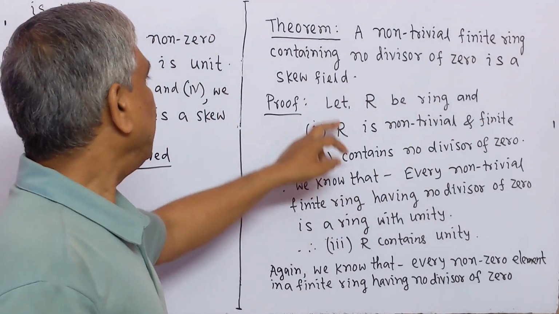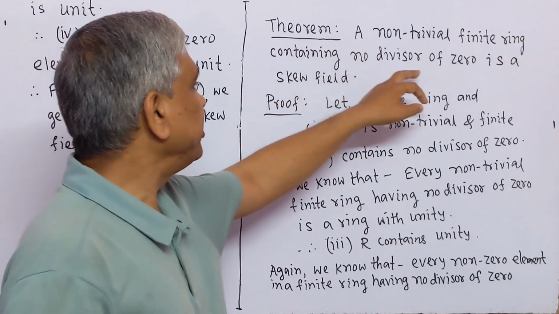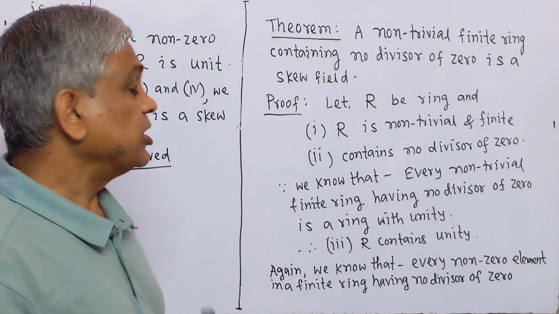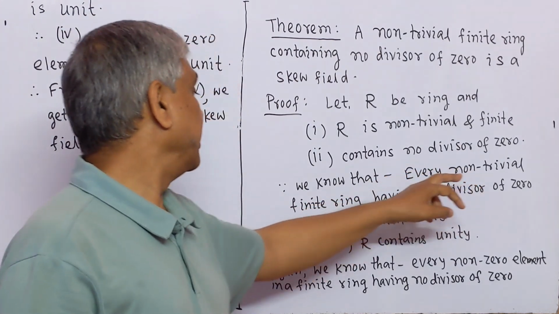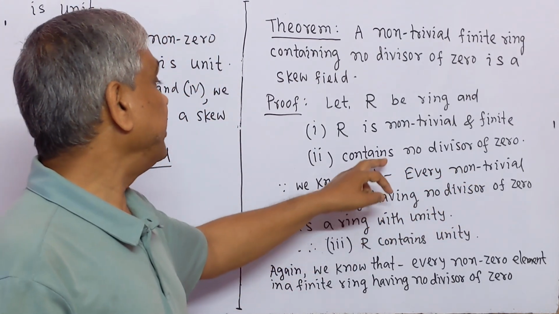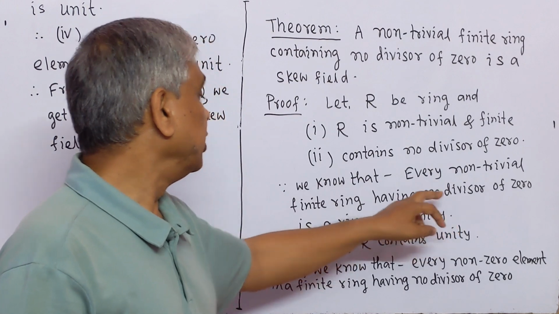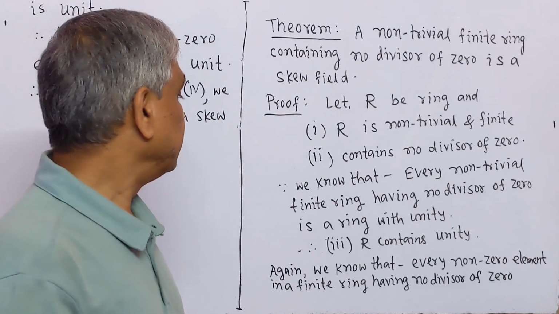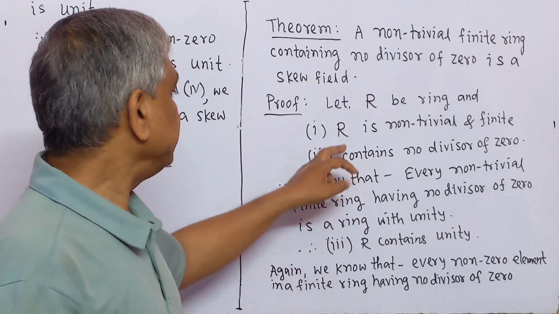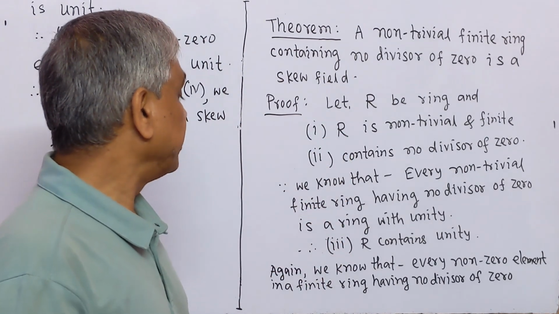Number 2, R contains no divisor of 0. Since we know that every non-trivial finite ring having no divisor of 0 is a ring with unity, therefore this R contains unity.